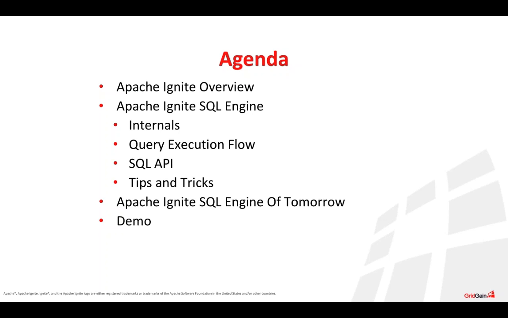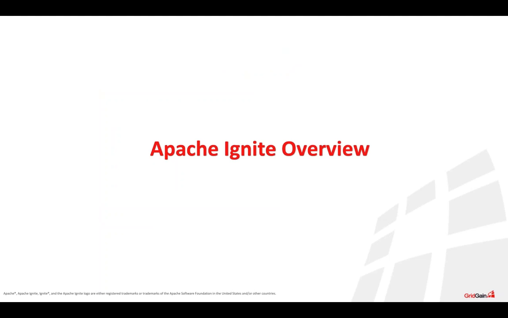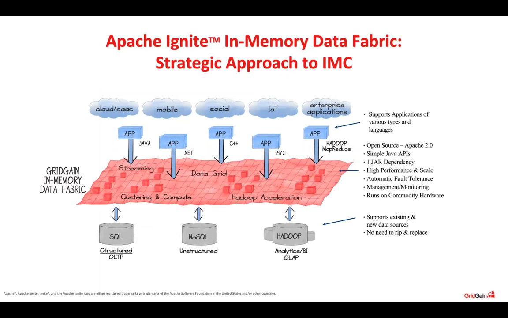Okay, let's start our talk covering the basics of the Apache Ignite in-memory data fabric. So Apache Ignite in-memory data fabric is a distributed platform that is built with a notion of horizontal scalability.